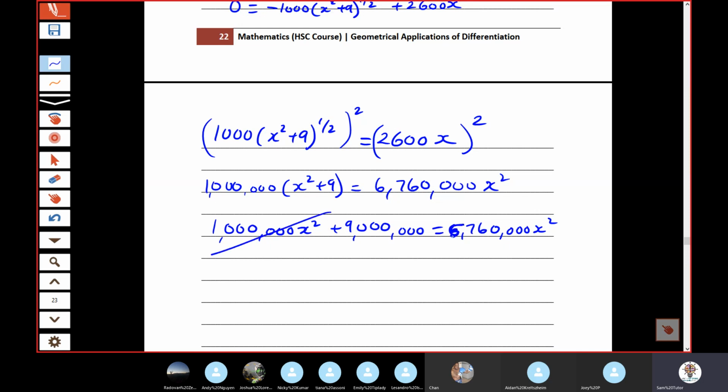I'm not going to rewrite this. That becomes 5,760,000. And I think you guys know what you're going to do. You're going to divide and then 9,000,000, square root, over 5,760, and then square root.